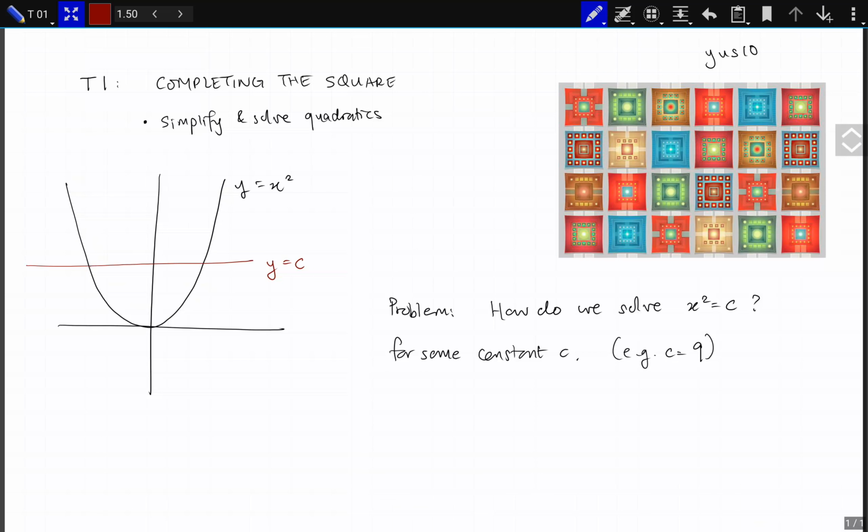So we can see that the solutions we're looking for are the x-coordinates. Let's label my axis. We're looking for the x-coordinates of these solutions. So from the picture, if c is greater or equal to 0, we see there are two solutions, or possibly two repeated solutions.